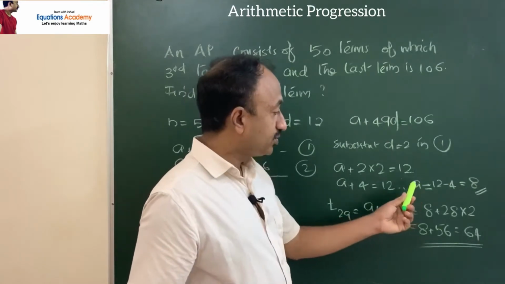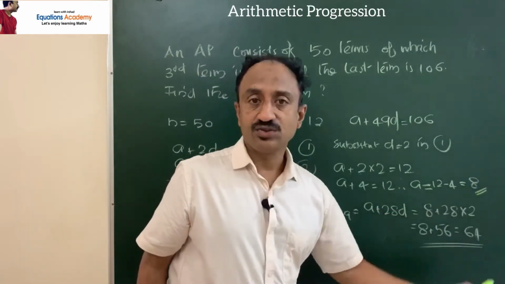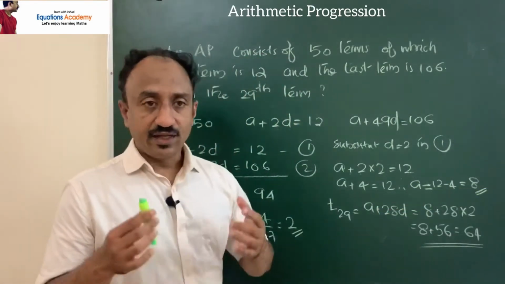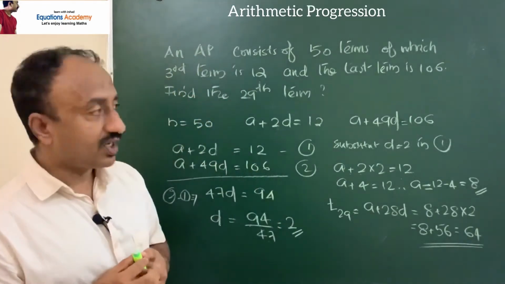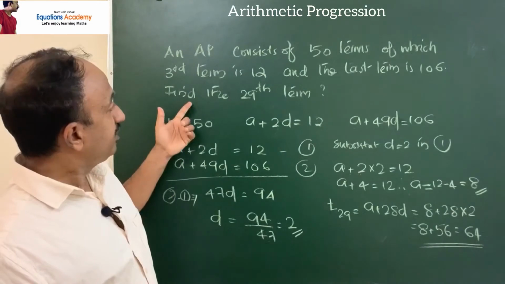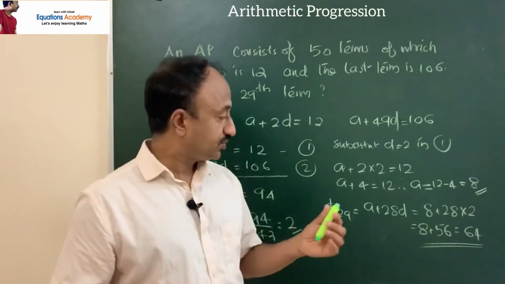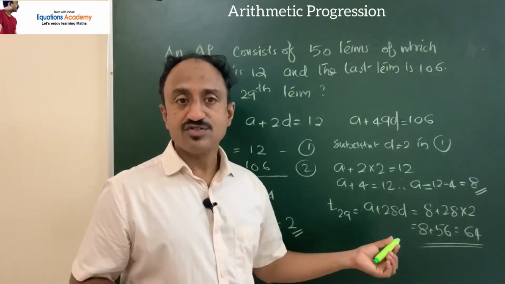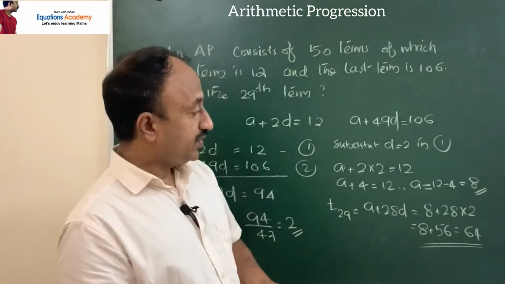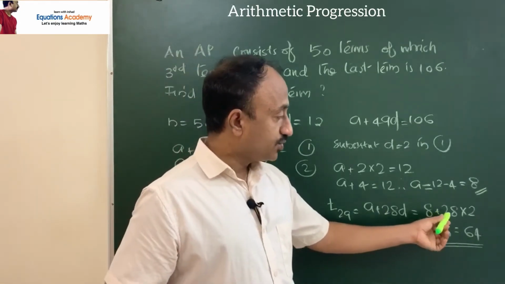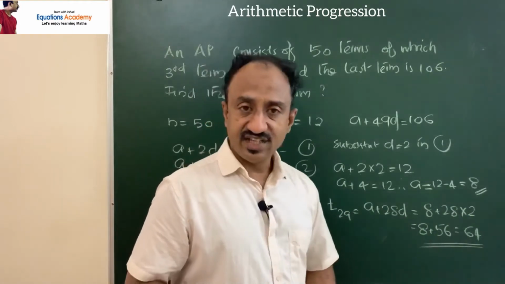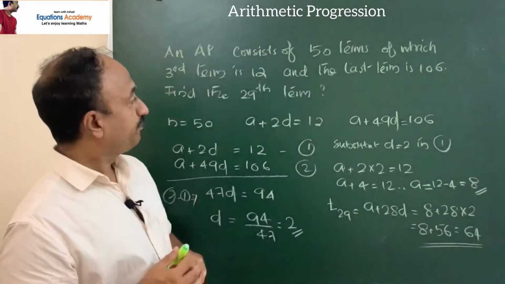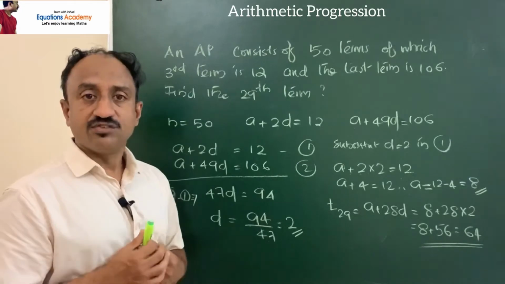Therefore, a equal to 12 minus 4 is equal to 8. Now, we got a equal to 8 and common difference d equal to 2. Now, what we have to find? Find the 29th term. So, 29th term is a plus 28d equal to 8 plus 28 into common difference 2. So, 8 plus 56 equal to 64. So, the 29th term is 64.